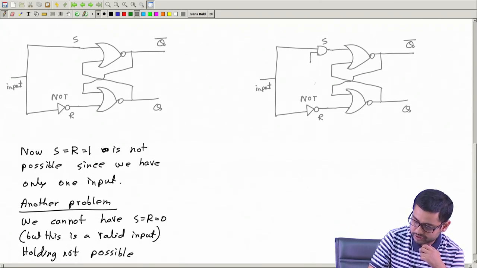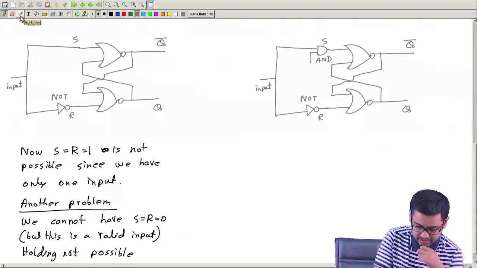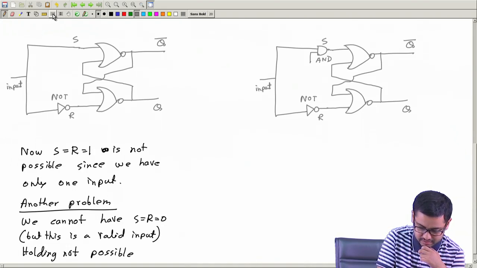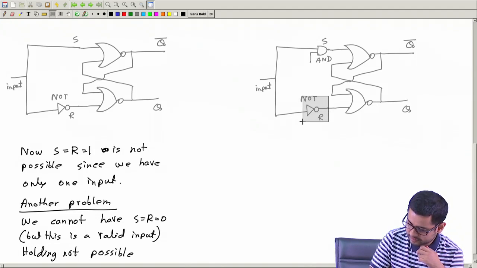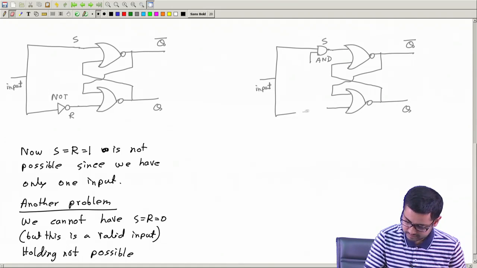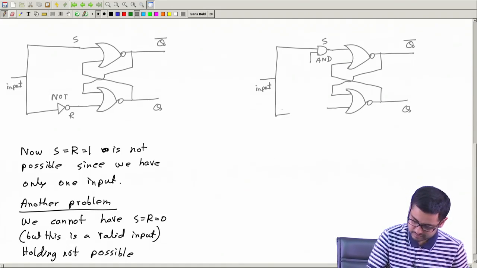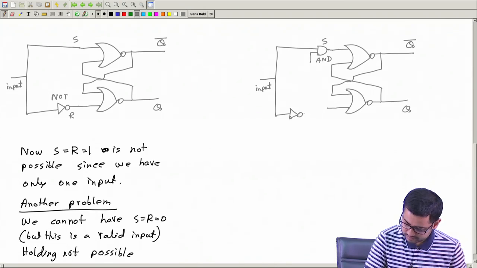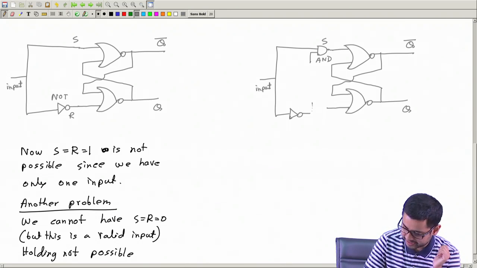It has two inputs. And here also I put another AND gate.